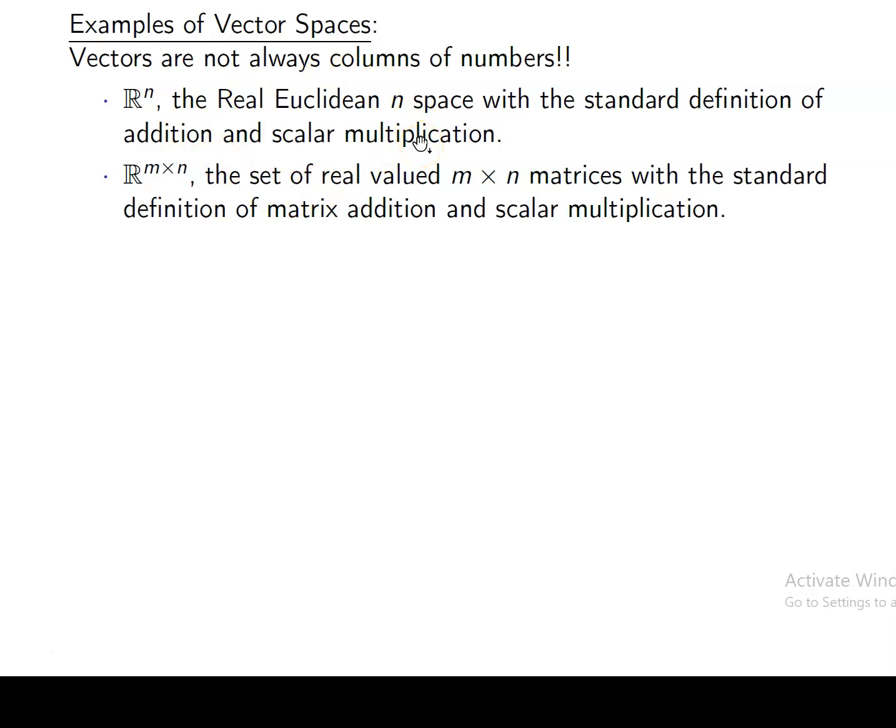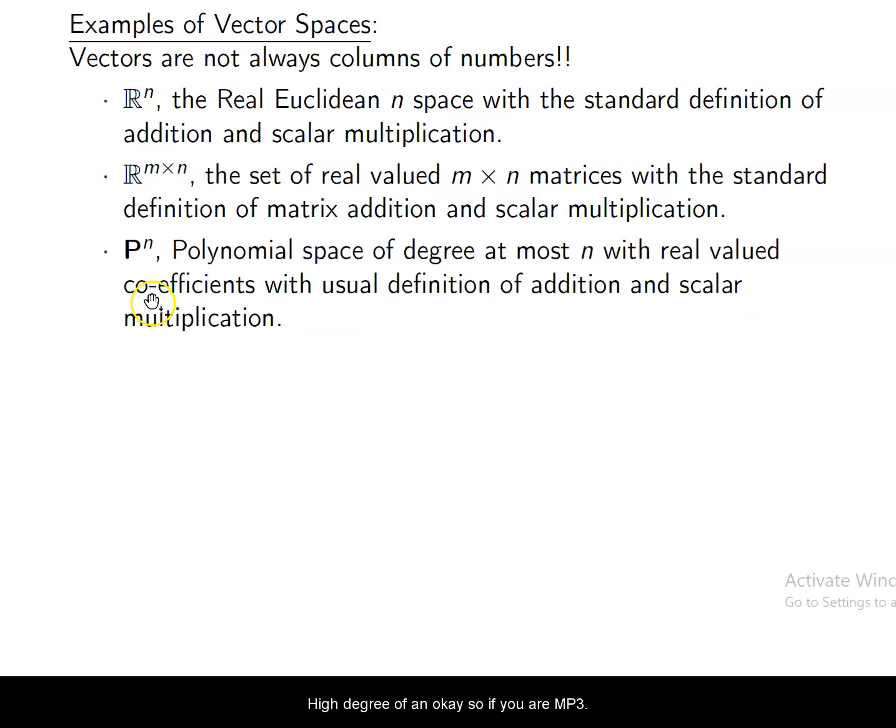Okay. So another common one is Pn. So you should definitely remember this because you're going to see this a lot in this chapter and for the remainder of this chapter. So Pn is the set of polynomials that have up to a degree of n. Okay. So if you are in P3, then any second degree polynomial is still inside of that space.